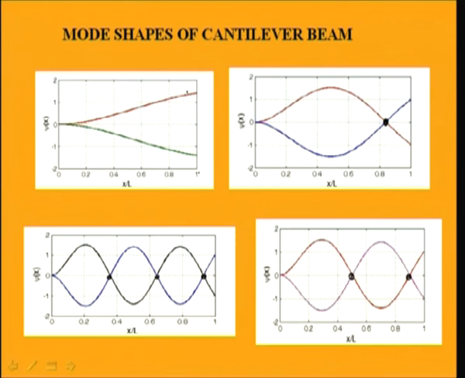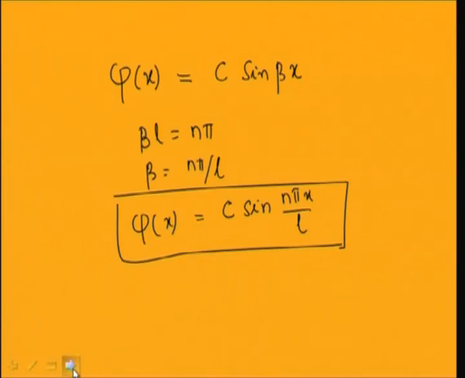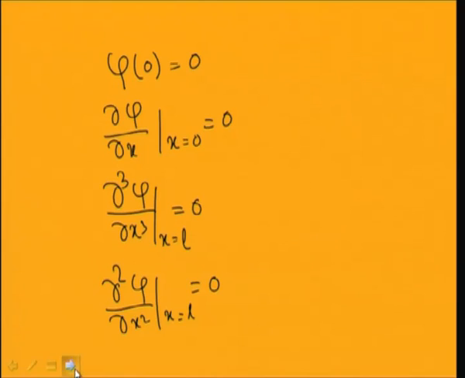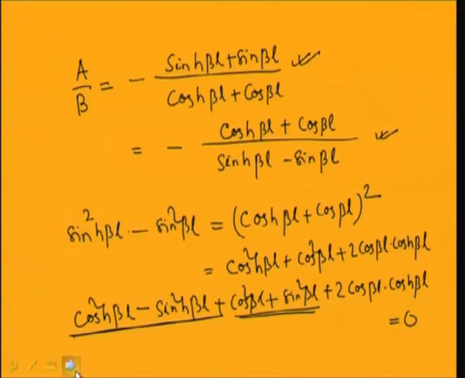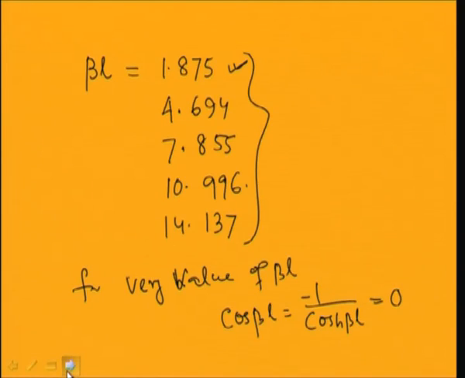In the second mode you have only one node present in the system, in the third mode there are 2 nodes, and in the fourth mode there are 3 nodes. These mode shapes correspond to the normal mode frequency or normal mode vibration.